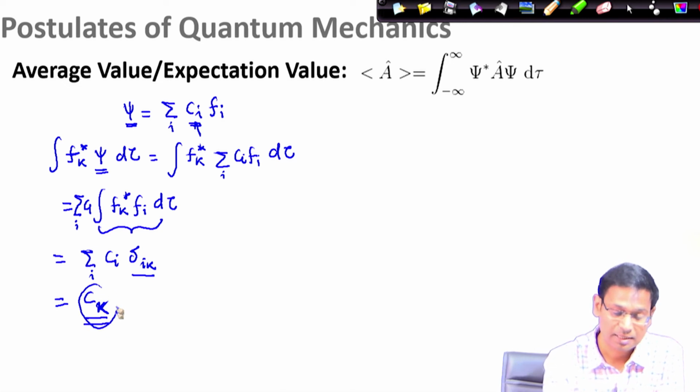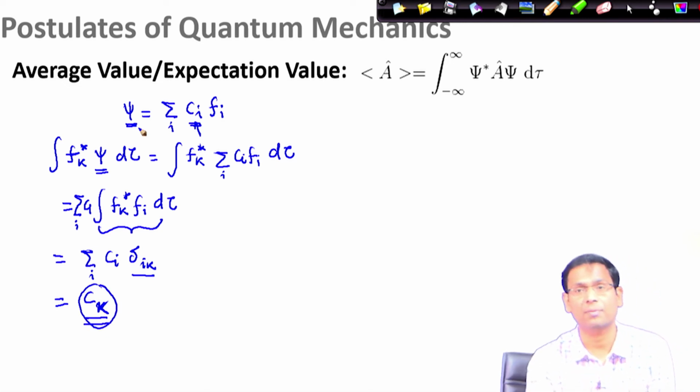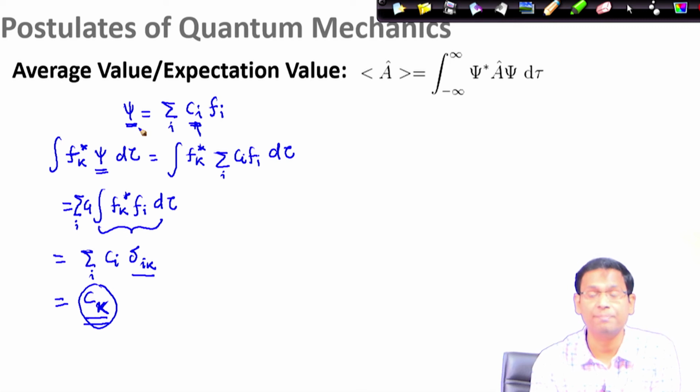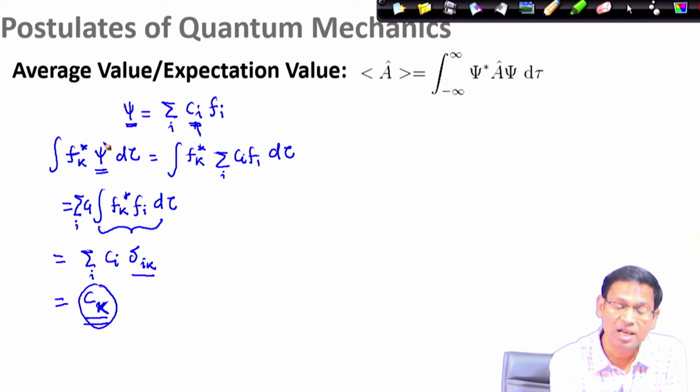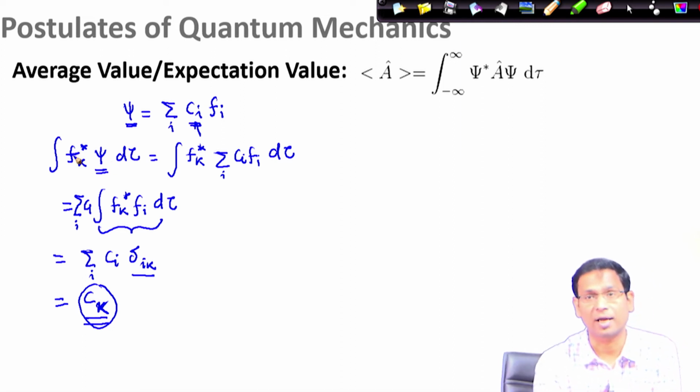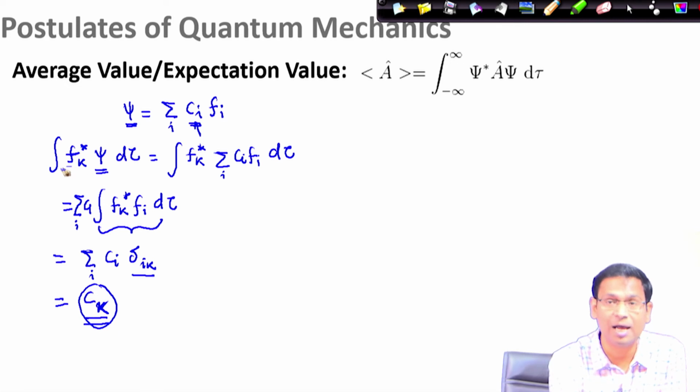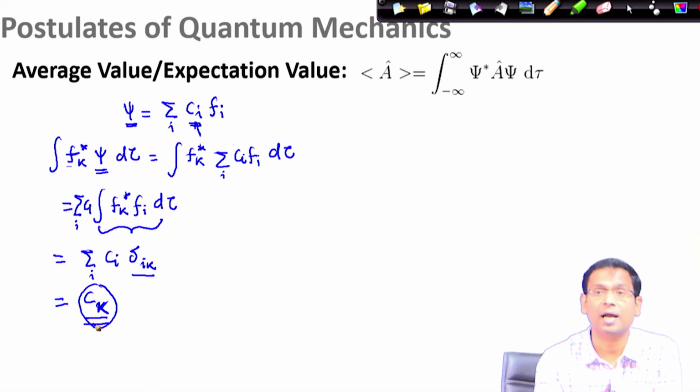This tells me that when I have an arbitrary function psi and I express it as a linear combination of the eigenfunctions from a complete set of orthonormal functions, in that case the coefficient corresponding to an eigenfunction is simply the overlap of this arbitrary function with that particular eigenfunction. So, this overlap integral gives me an idea about this coefficient Ck.